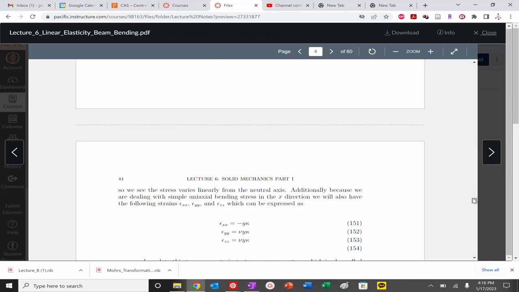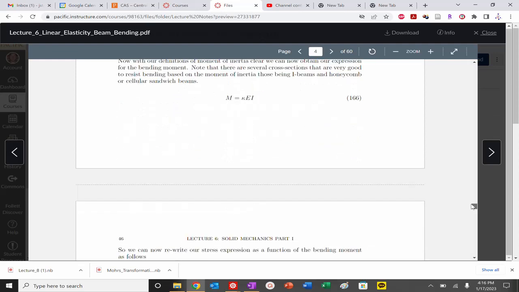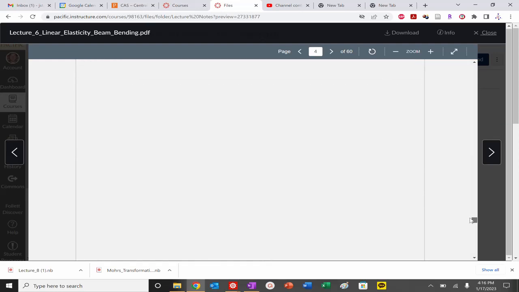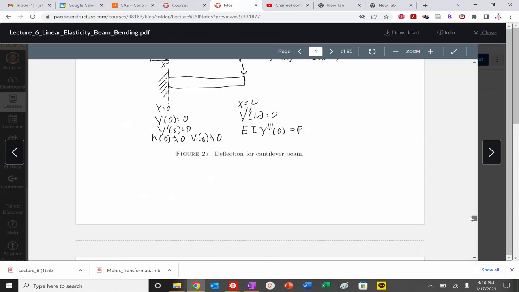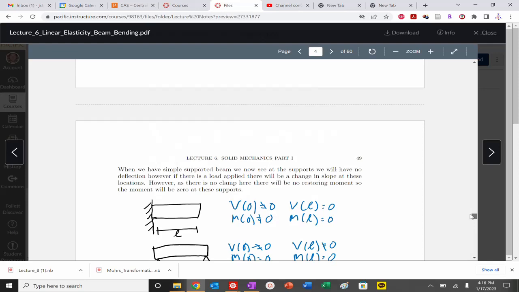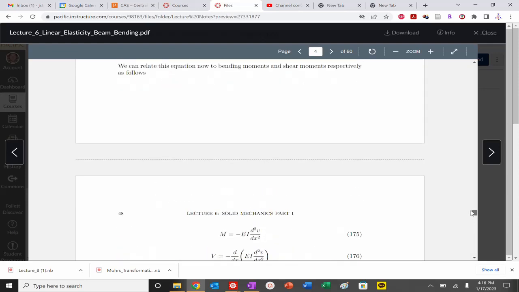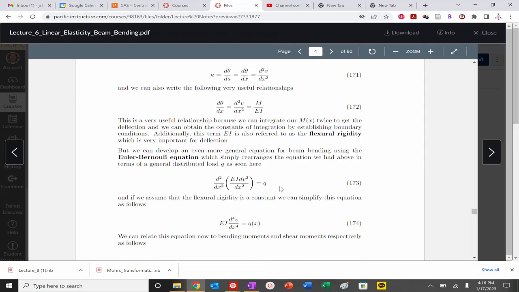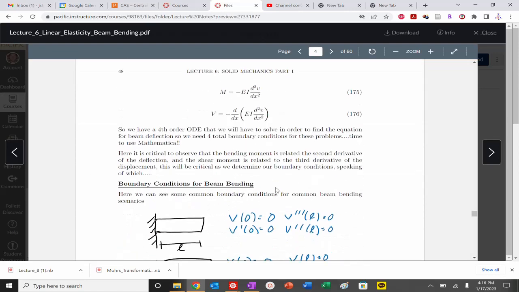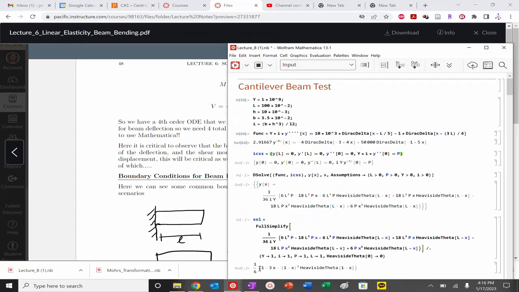Those are our transformations, but here we go, beam bending. Let me scale that up just a little bit. We know that our moment is minus the modulus times the second derivative.